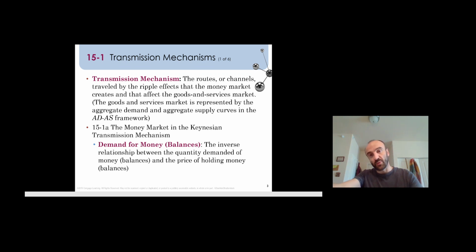How we get from that point, from that initial intervention, until we reach the point when the quantity of goods and services is increased in an economy.